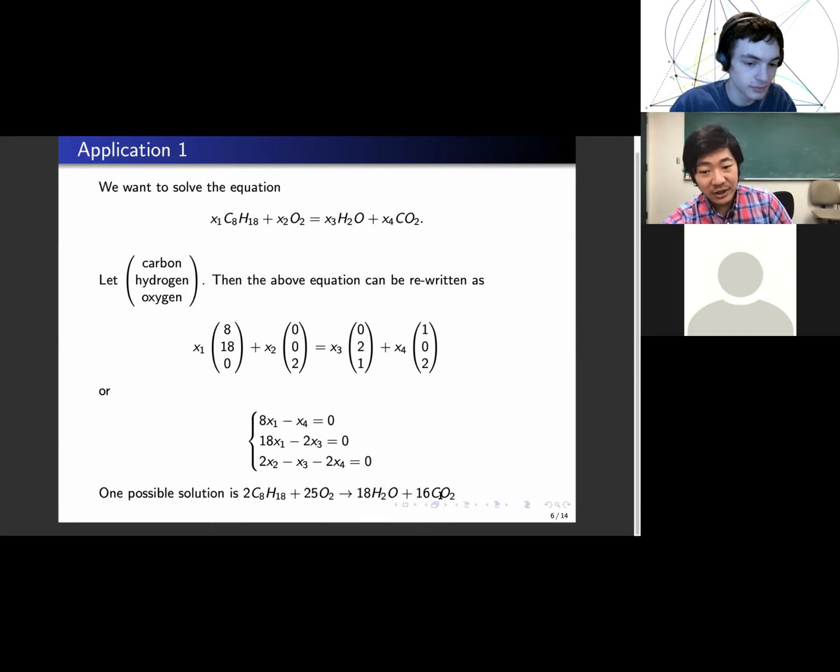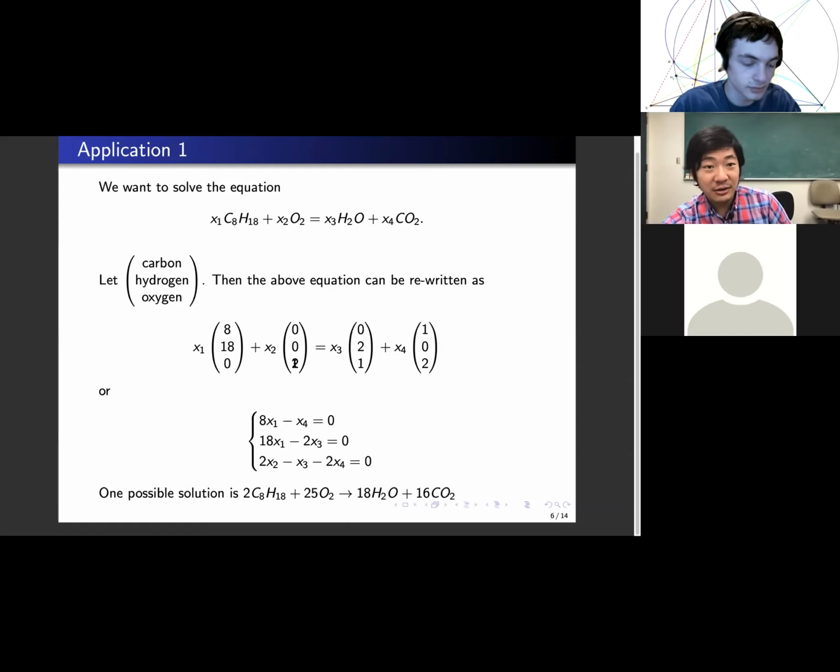Because if this equation holds, then you can halve everything, or you can double everything, and you still get a balanced chemical equation. So any scaling of these, as long as you maintain the ratio, will be another solution to the system of equations.